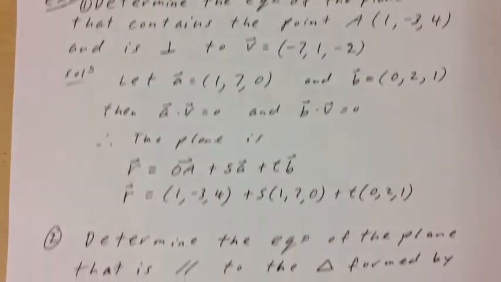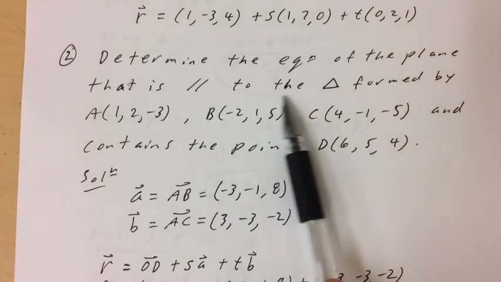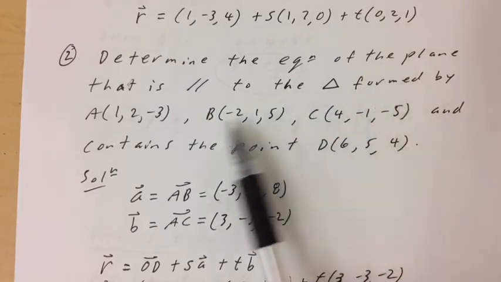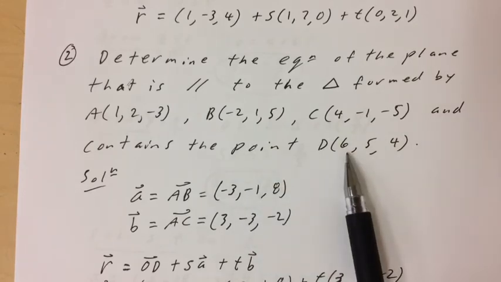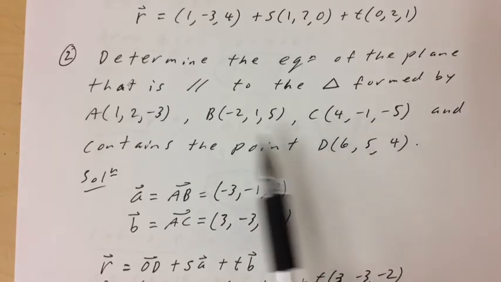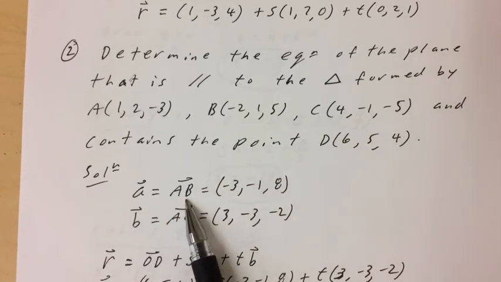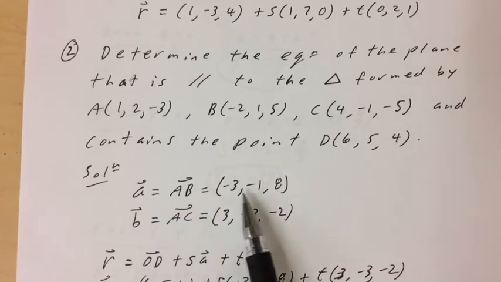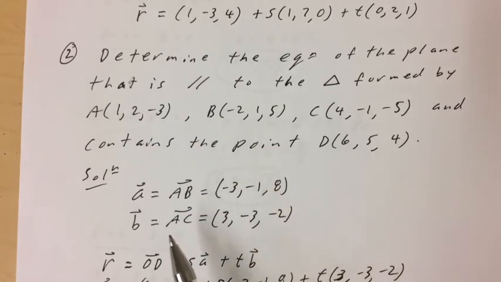Okay. A second example, determine the equation of the plane that is parallel to the triangle formed by A, B, and C and contains the point D (6, 5, 4). So if it's parallel to that, then we're going to have a equal to AB as one of the direction vectors. Okay, so figure out AB using 2 of these points from the triangle.